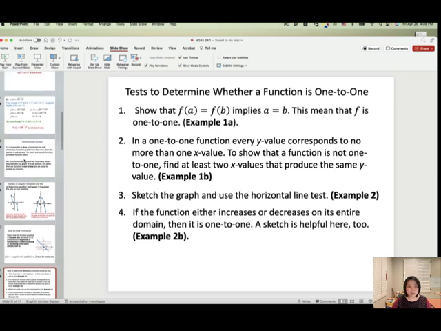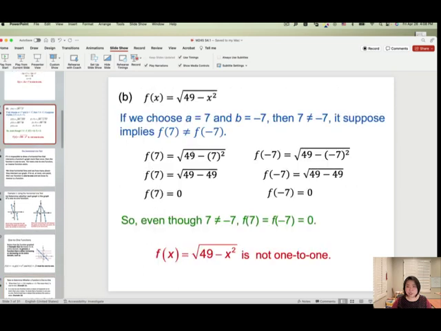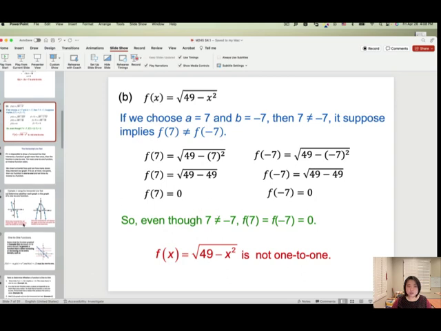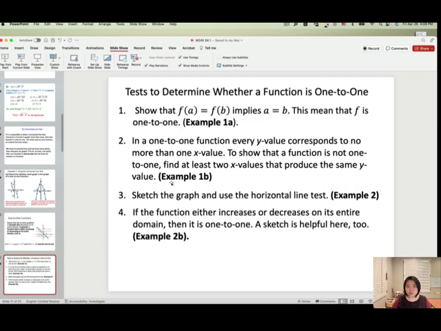So this is talking about this guy, right? We have two x values that produce only one y value. Both of them are going to be equal to 0. So I know this is not a one-to-one function. And then number 3, sketch the graph and use the horizontal line test.